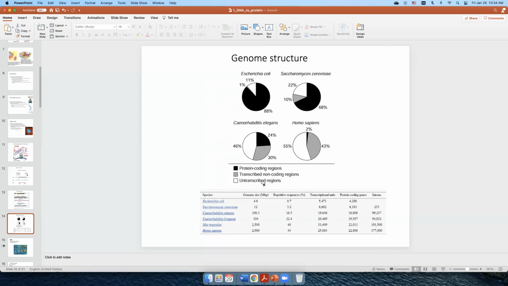But later on, more and more people recognized that in those non-coding regions, there are still some significant functions. So there are a lot of groups and researchers working on non-coding RNA or non-coding DNA to recognize what the functions are for those non-coding parts of the genes. It might not be used in protein coding, but it can be used in other functions.